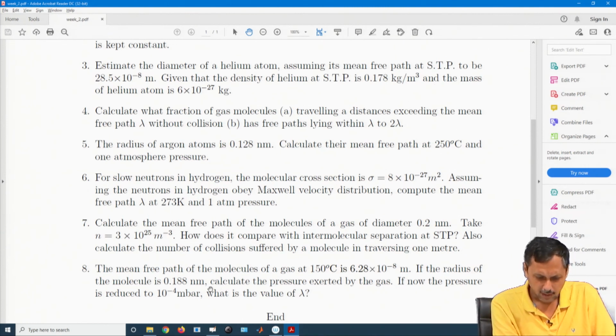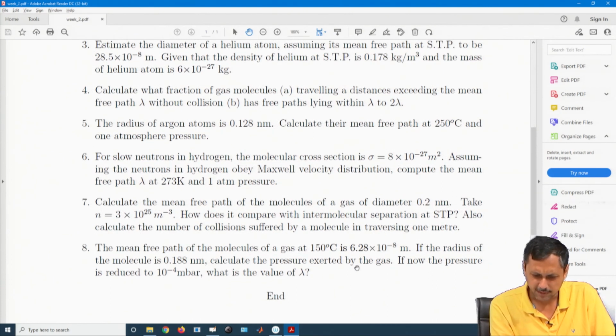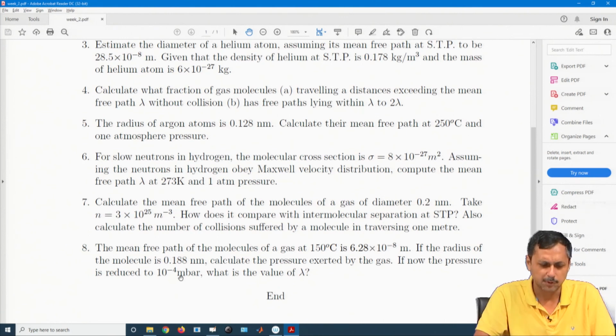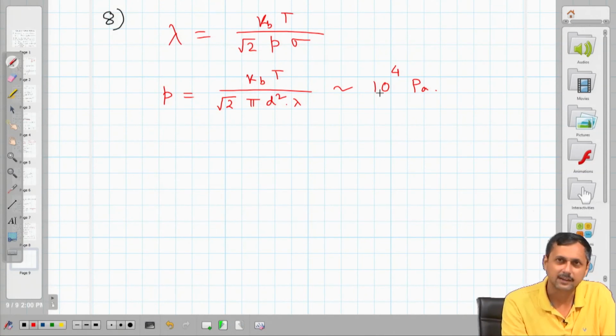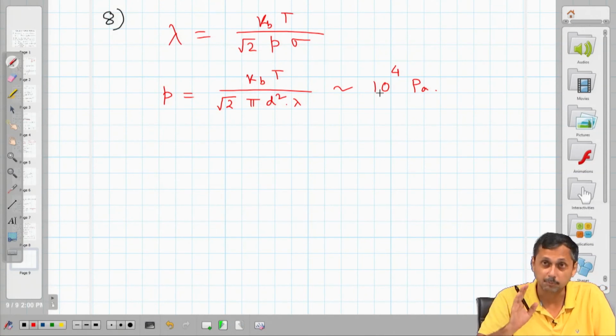Calculate the pressure exerted by the gas, that is easy. If now the pressure is reduced to 10 to the power minus 4 millibar, what is the value of lambda? Now, it is 10 to the power 4, and if I reduce it to 10 to the power minus 4 millibar, which is, if I am not very wrong, 10 to the power minus 2 pascals. Millibar and Pascal, there is a conversion, please check that.